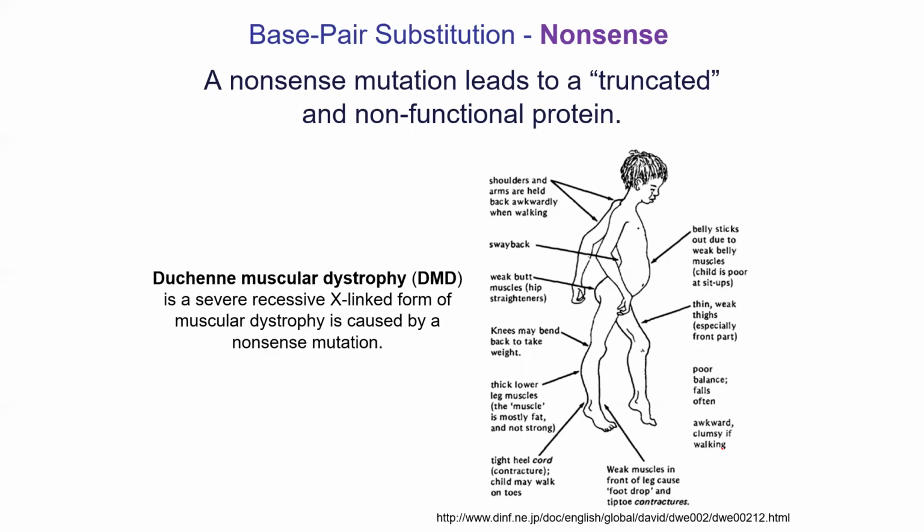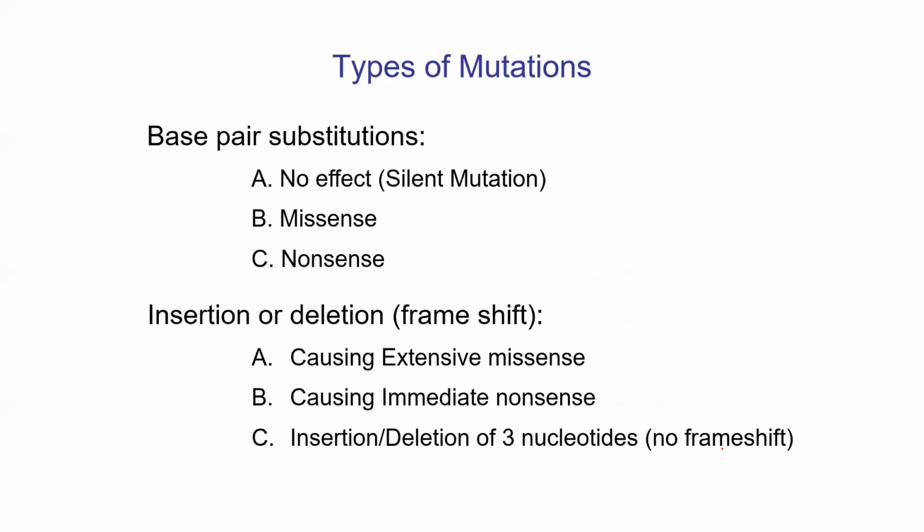And so it manifests itself a little bit more often in males. And they have a very severe muscular development issue. And you may have seen some of these people, their muscles aren't right. They don't walk quite the same as everyone else. And it's another genetically inherited disease caused by a nonsense mutation.